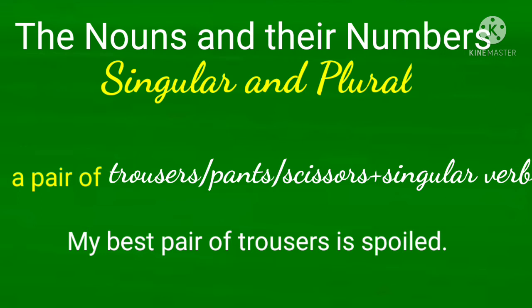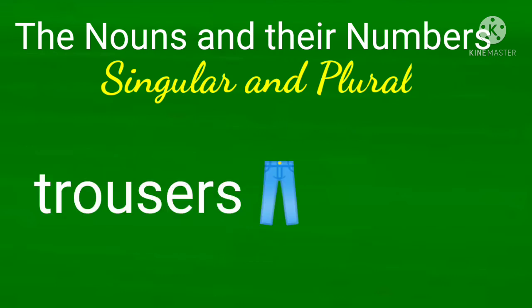Regarding the words trousers and pants, I would like to say something more. What are actually trousers? The outer garment which reaches from the waist to the ankle, that long one. It is called trousers in British English.